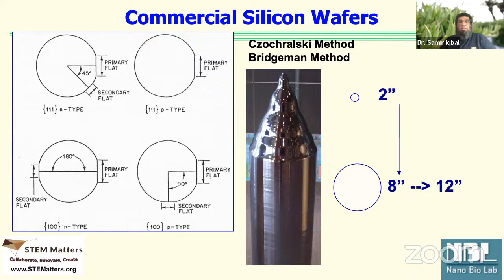All right. So there are two main methods for how we get this pure silicon crystalline structure. One is called Czochralski, written C-Z-O-C-H-R-A-L-S-K-I, named after the scientist who came up with that process.